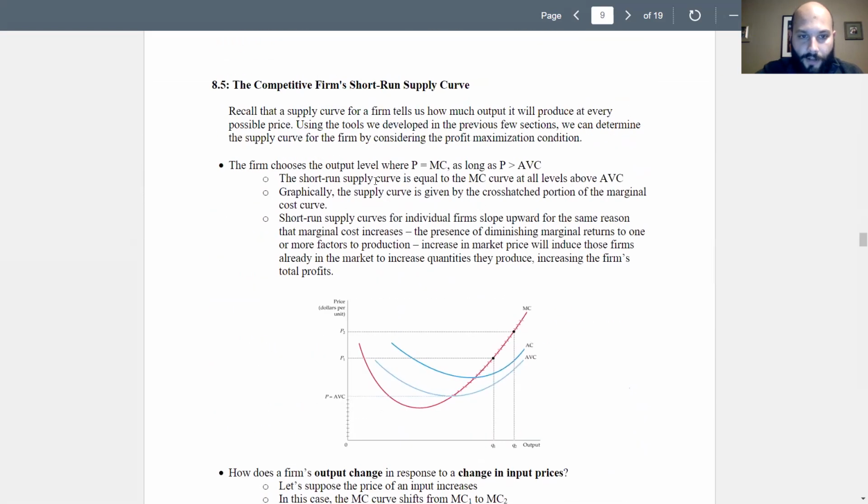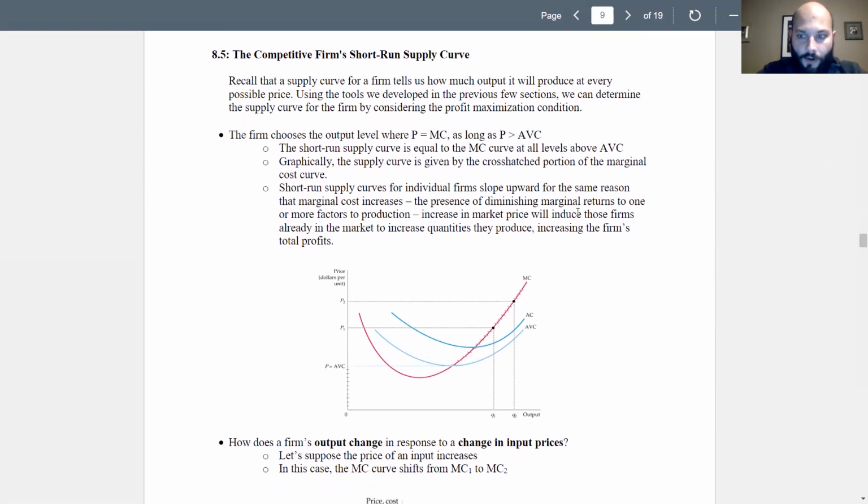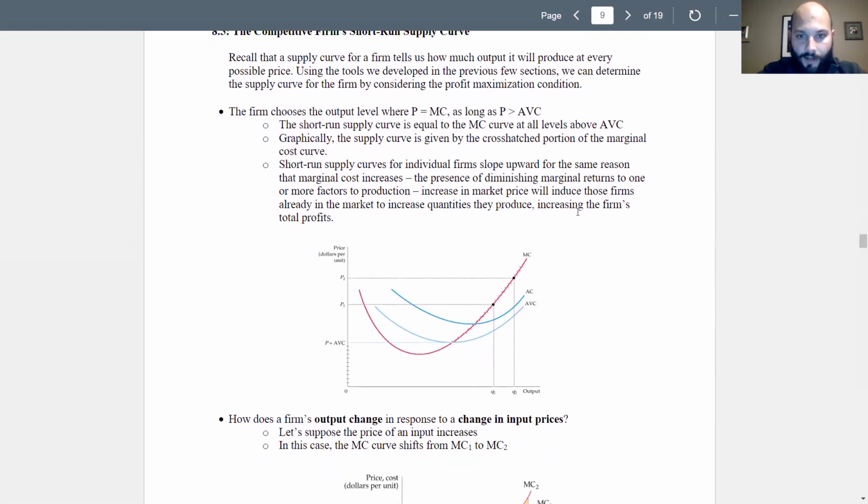So what we've just done is derive the firm's short-run supply curve. We know that the firm will produce a positive quantity, or not shut down, only if price is above average variable cost. And we also know that the firm is going to produce where MC equals MR, or in other words, MC equals price.